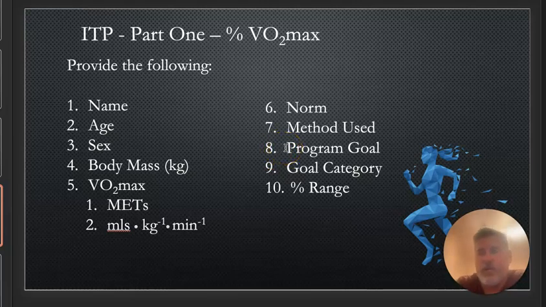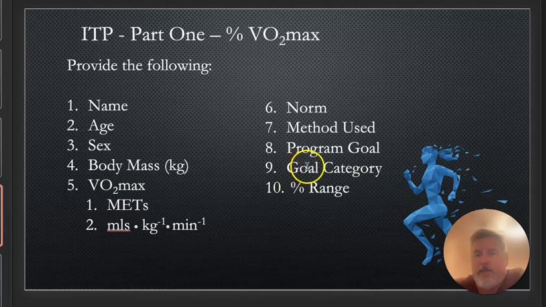There are only 3 goals. A, health-related fitness. B, physical fitness, specifically cardiorespiratory fitness. Or C, performance-related increases in VO2 max. Those are your 3. There are no other ones. So use one of those 3.